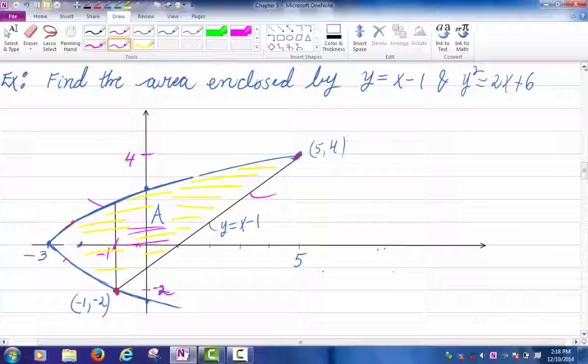Well, first of all, the graph of y equals x minus 1, we all know, right? What's the graph of y equals x minus 1? It's a straight line, making a 45-degree angle with the positive x-axis, right? What's the graph of y squared equals 2x plus 6?